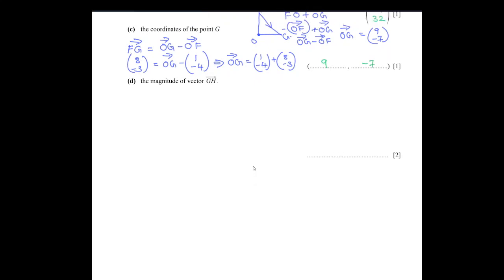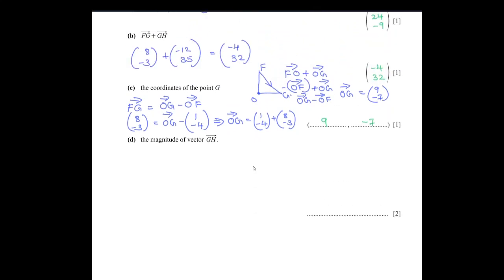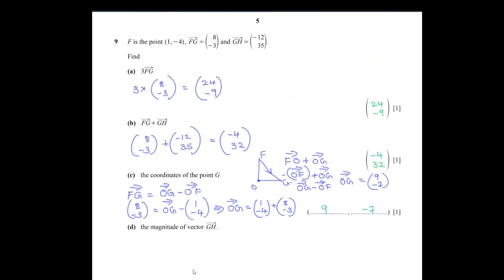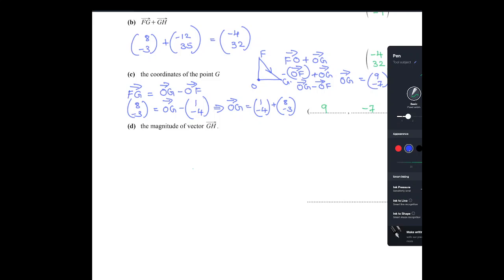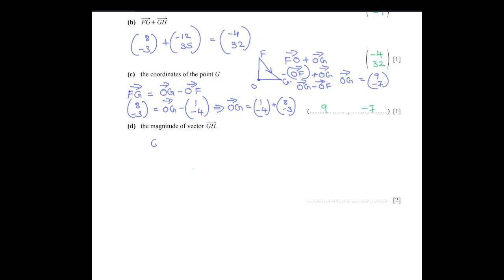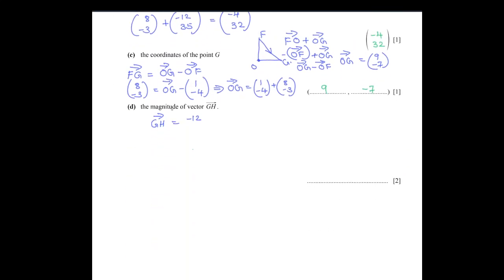Question number D. The magnitude of vector GH. Now we need to find the magnitude of vector GH. What is GH given to us? (-12, 35). So magnitude of GH will be the square root of minus 12 whole square plus 35 whole square.